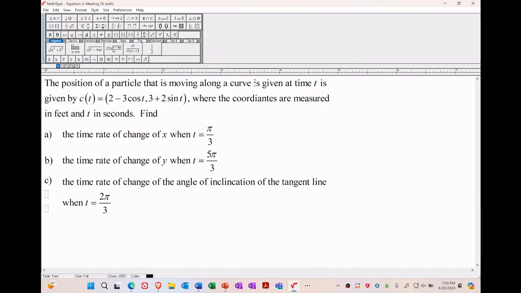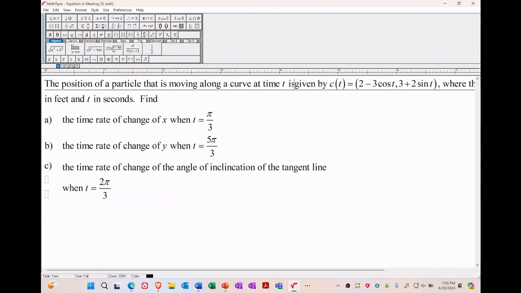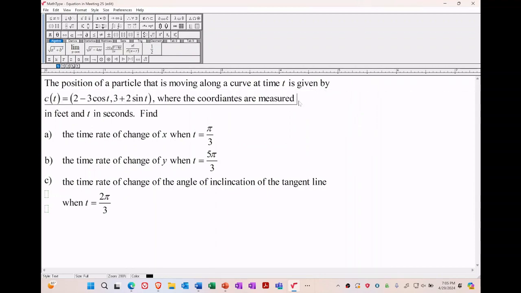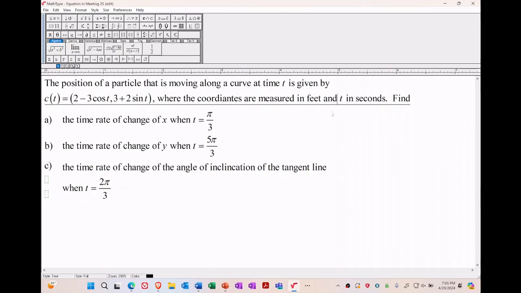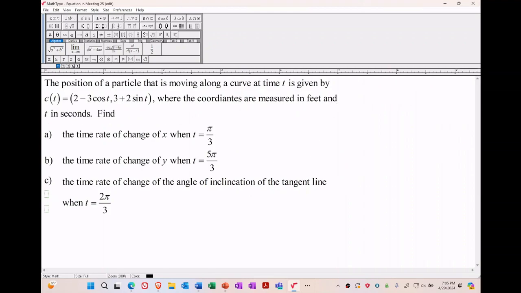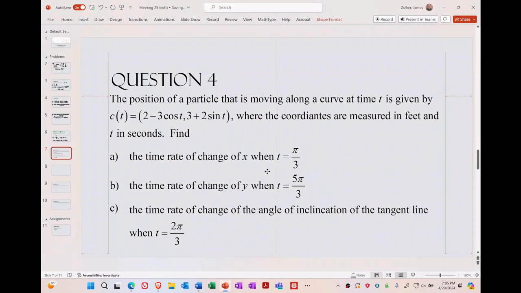A position of a particle that is moving along a curve at time t is given by, there we go, that's better English.